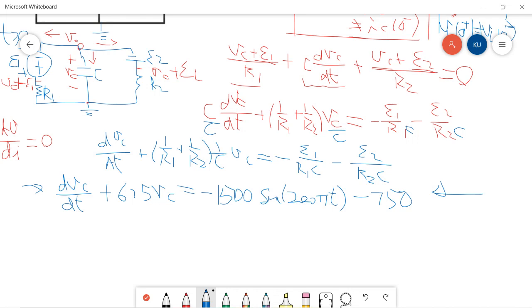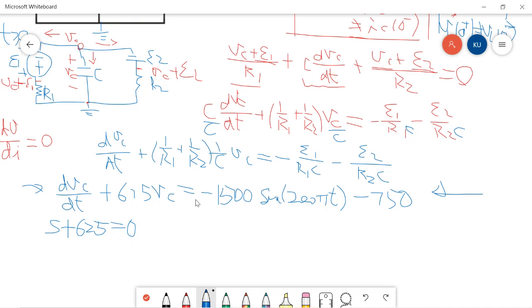So actually we can just simply see that the characteristic polynomial is something like this. We change the first derivative term to s, and the original function to 1, so s plus 625 equals 0.